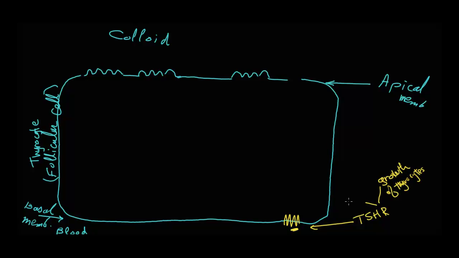Second thing, it promotes the biosynthesis of thyroid hormones. Every single step in the biosynthesis of thyroid hormones is stimulated by the binding of TSH with its receptor. We're going to talk about that in some detail later.